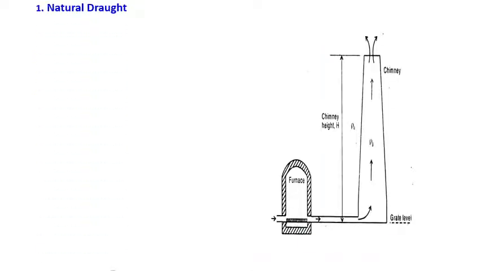So, natural draught. If you see the given picture, here this is the furnace, and you can notice there is no fan anywhere in the system. There is no fan to supply air to the combustion chamber, and no fan after the combustion chamber.